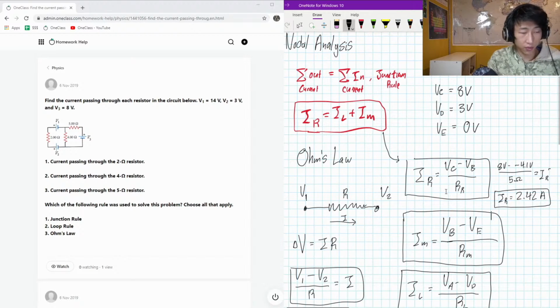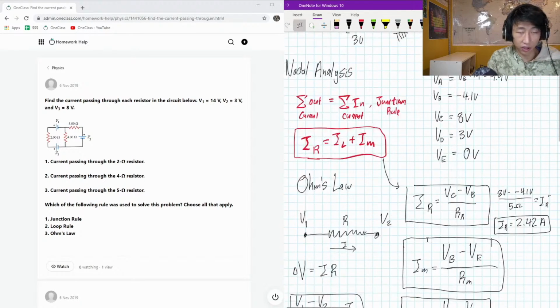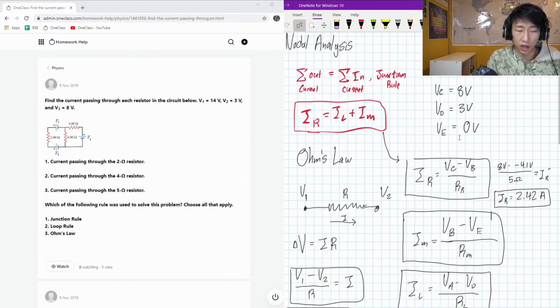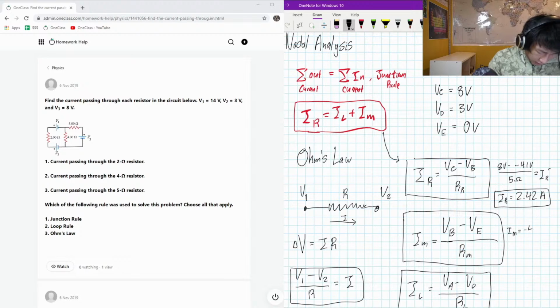Okay, let's do a similar procedure for calculating the current in the middle branch. I wonder if it's going down. I feel like it's probably going down. It's going to be VB minus VE. Oh, that's VE is 0. So to write this properly, IM is going to be equal to negative 4.1 volts minus 0 over the resistance, so that's 4.